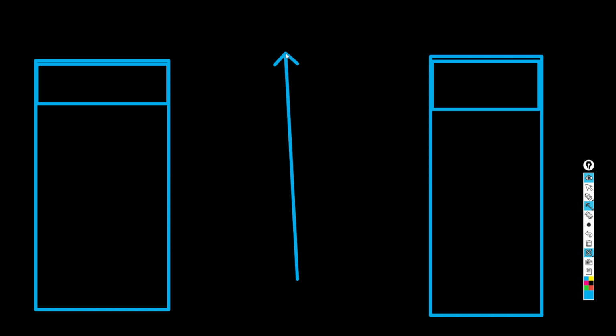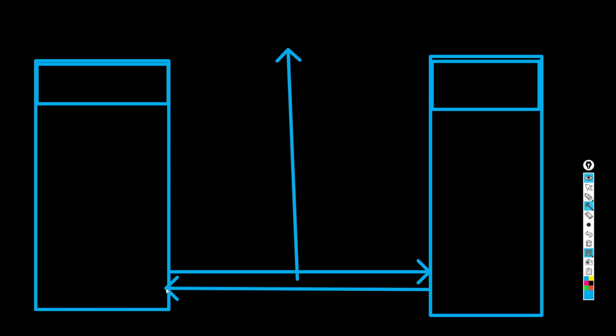In the OSI model, we have the data link layer. The data link layer can simply communicate with the computer language, that is the binary language, right? That's one possible way.